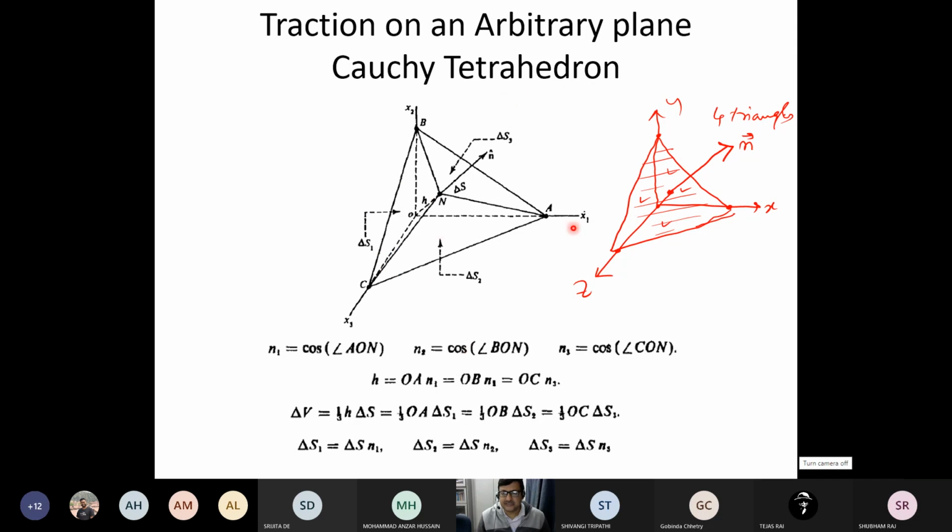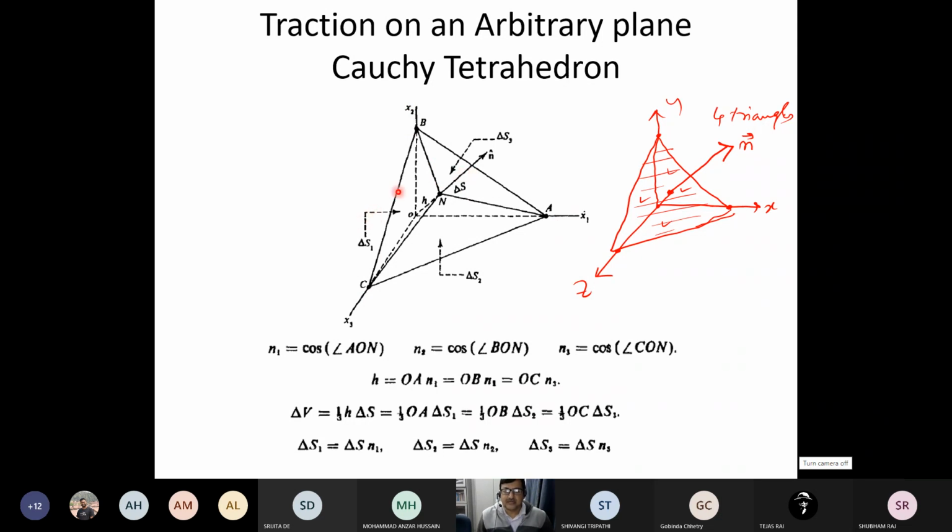So x1 is essentially x, x3 is essentially z, and x2 is y, and you have this tetrahedron on top of that. Now that tetrahedron has this particular distance between these two that you define as the height of the tetrahedron to be h, this particular point as n, right? Now this surface at the top is delta S. So you can resolve this delta S into 3 different components.